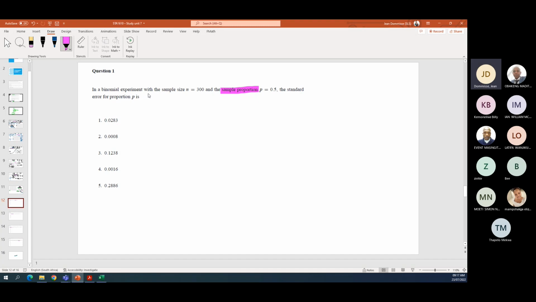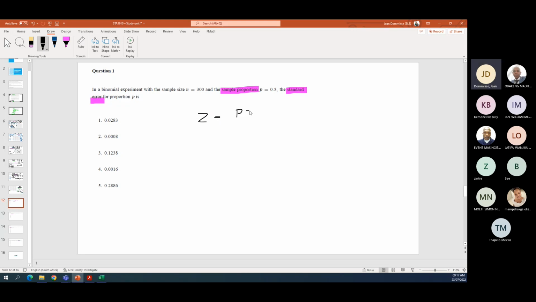In a binomial experiment with a sample n of 300 and the sample proportion, the standard error. Okay, so here again, standard error. They don't give you enough to work out the whole thing, but let's put it in perspective.